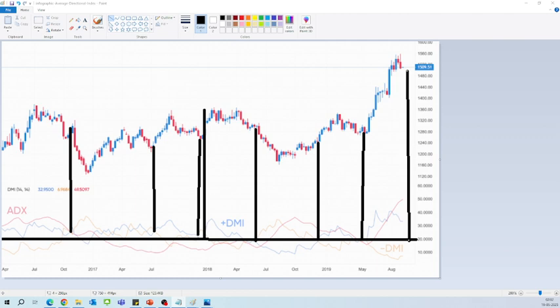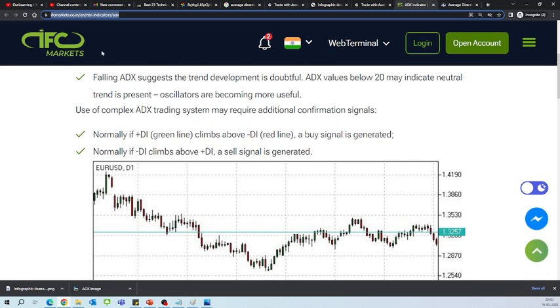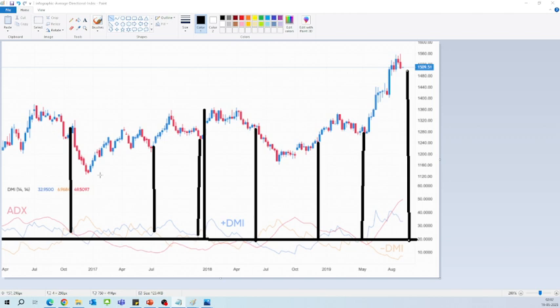So I took this example, which was from another site, and the name of the site is ifmarkets.com, and this is how we can depict or predict the values which are there.